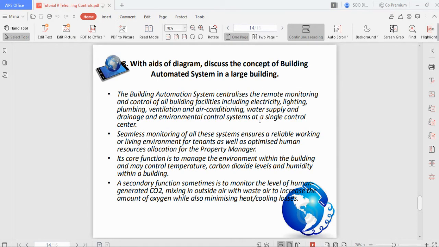This BAS system is what you will find in a commercial building or a condo. Basically, all the facilities and building services can be monitored and controlled in this building automation system.